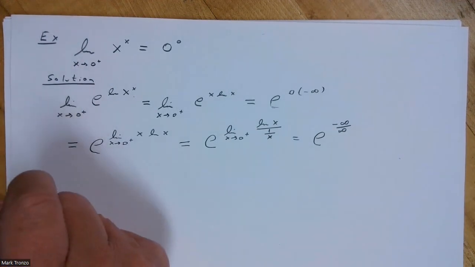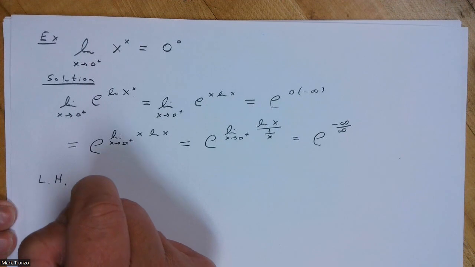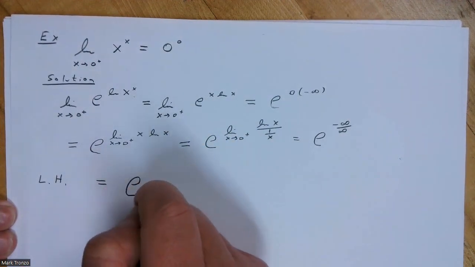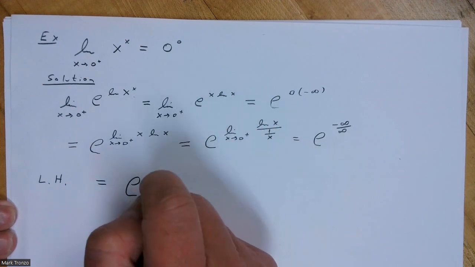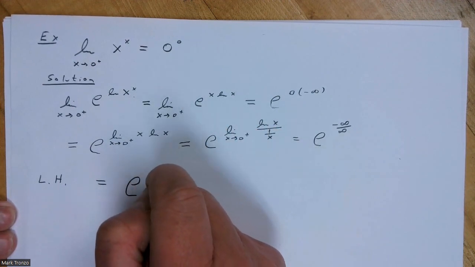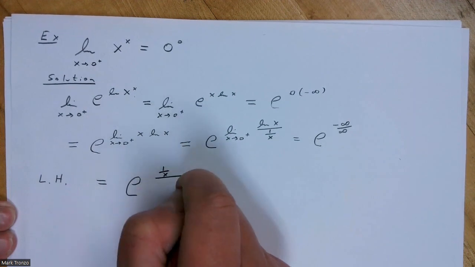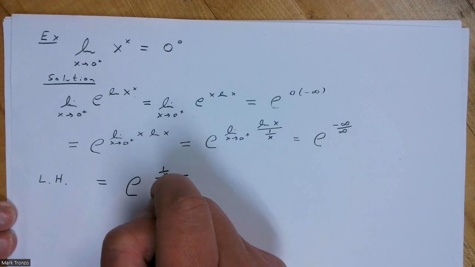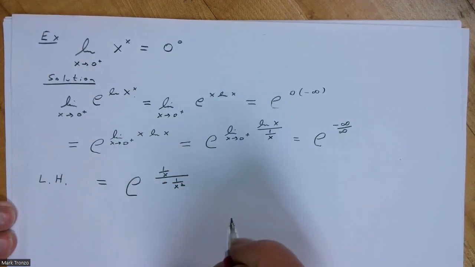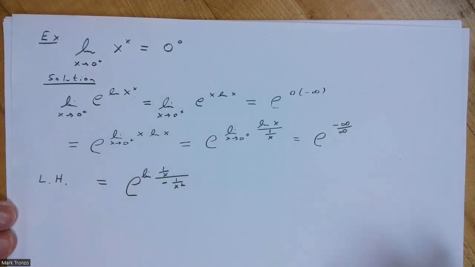Once again, apply L'Hopital's rule to the exponent. And so take the derivatives. Derivative of the numerator is going to be 1 over x divided by negative 1 over x squared, like this. And we should have a limit in here.